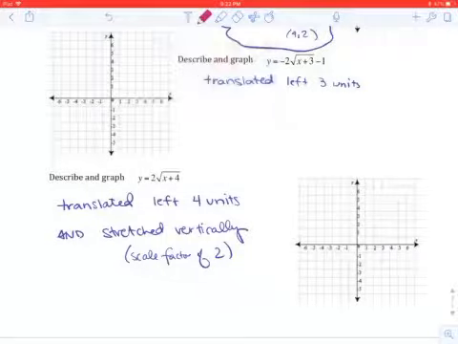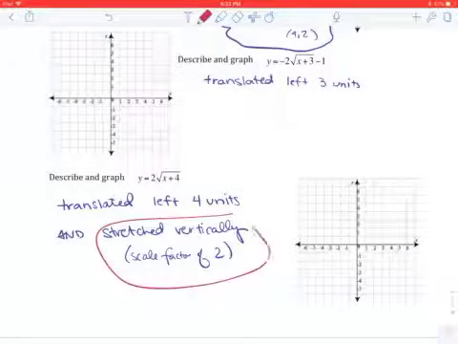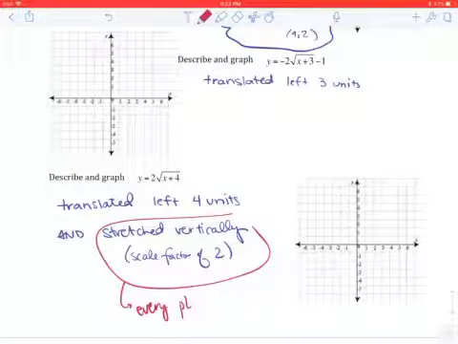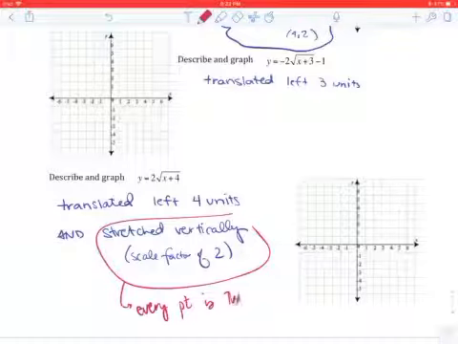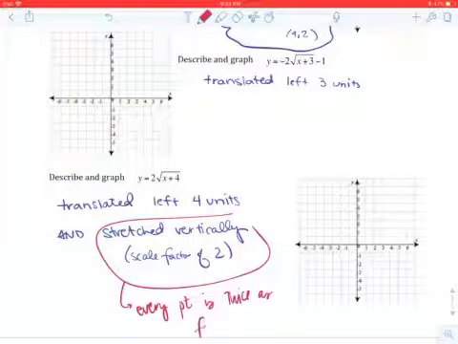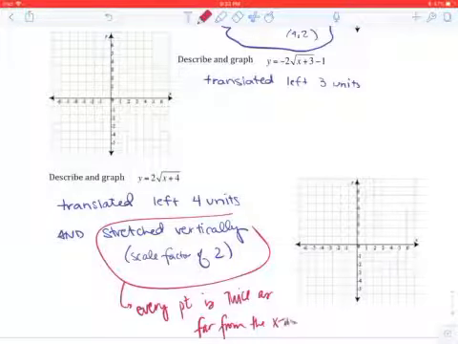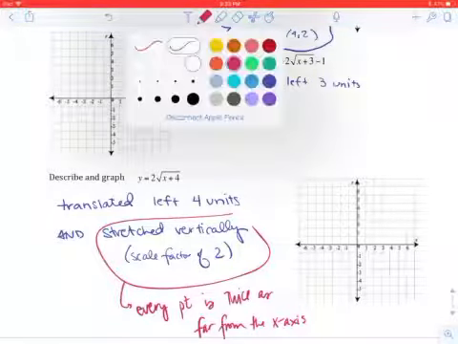What does this mean? This means every point is twice as far from the x-axis. So everything's twice as far from the x-axis.